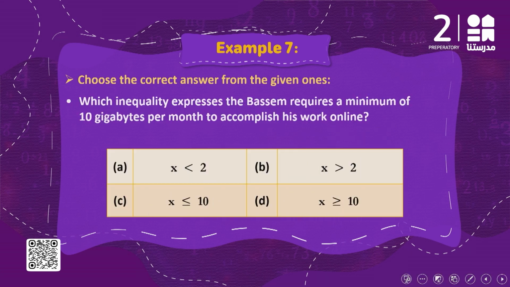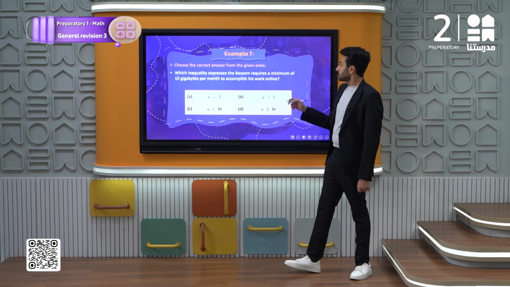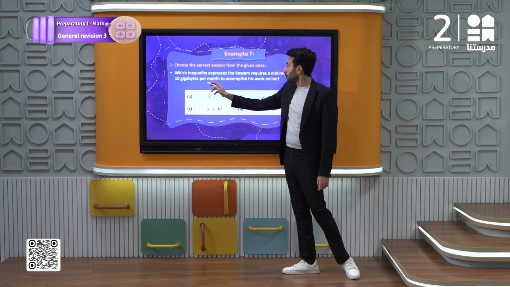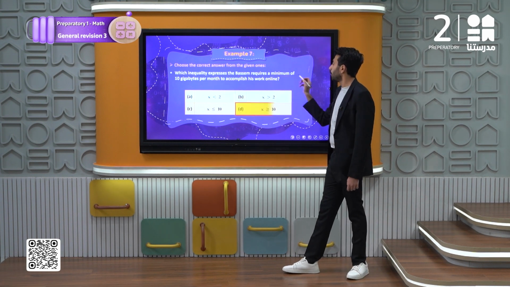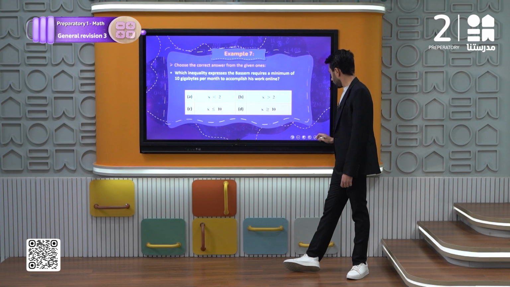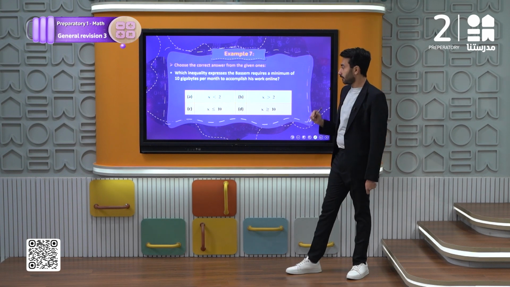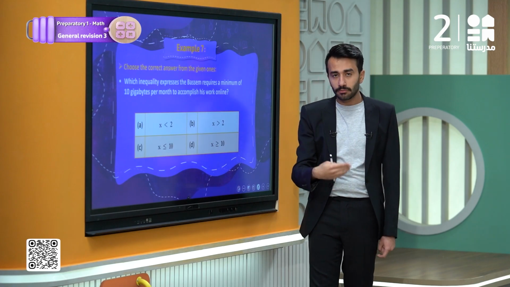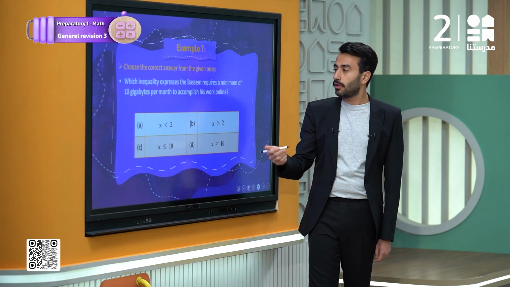Which inequality expresses that Basim requires a minimum of 10 gigabytes per month to accomplish his work online? So 10 gigabytes per month is a minimum. Minimum means 10 or more. Minimum of 10 means 10, 11, 12, and so on.